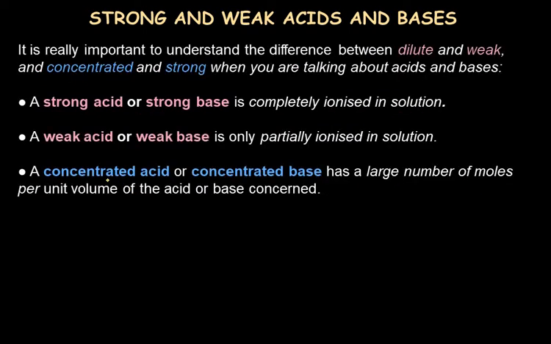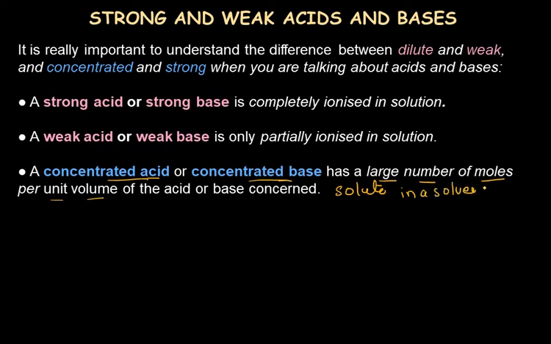Now what is a concentrated acid and a concentrated base? A concentrated acid or base has a large number of moles of the substance per unit volume. That is, the number of molecules of solute is much higher in a solvent like water.